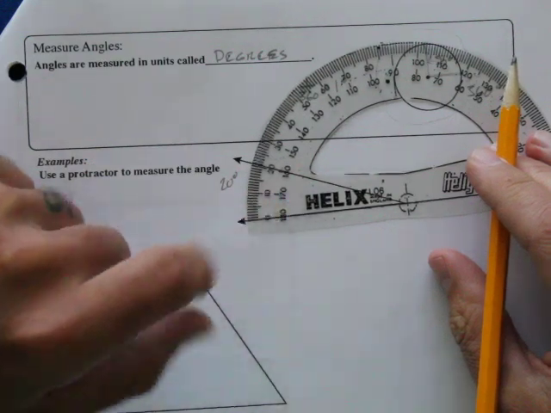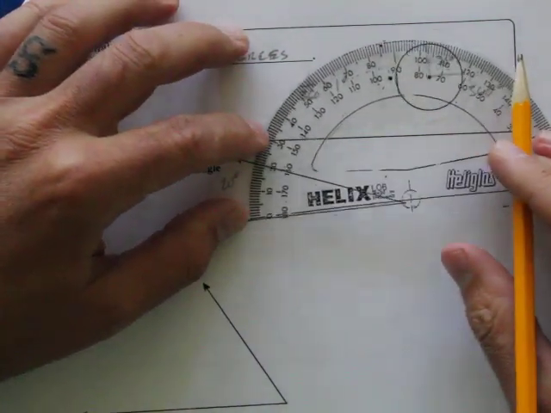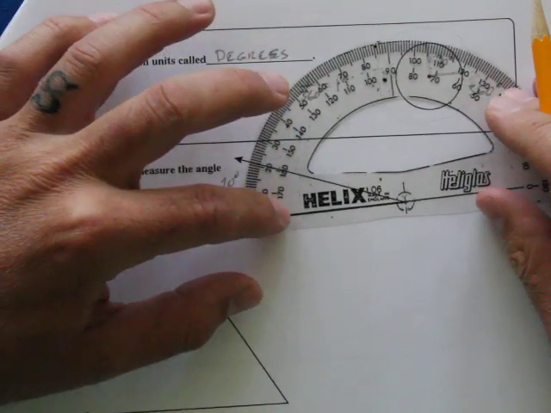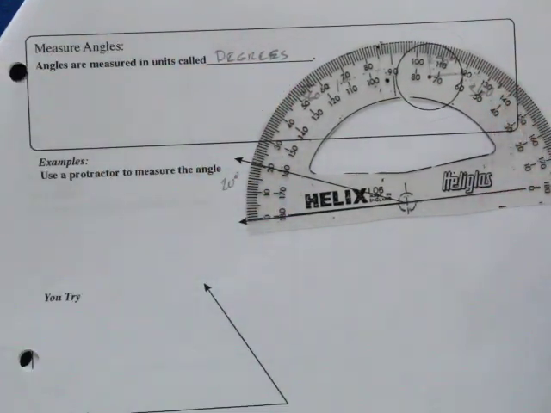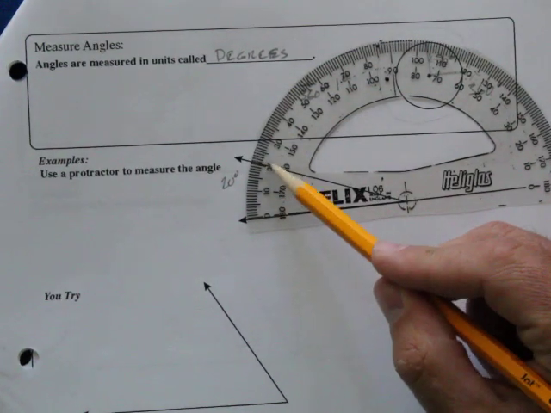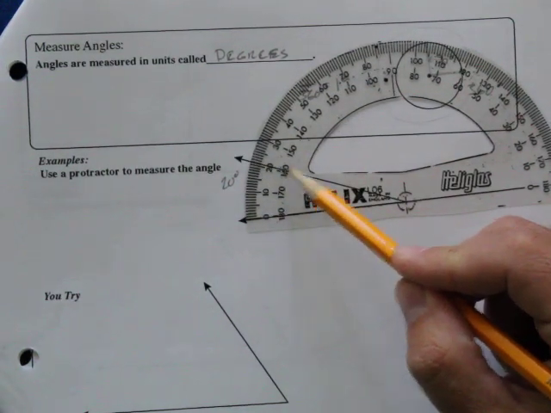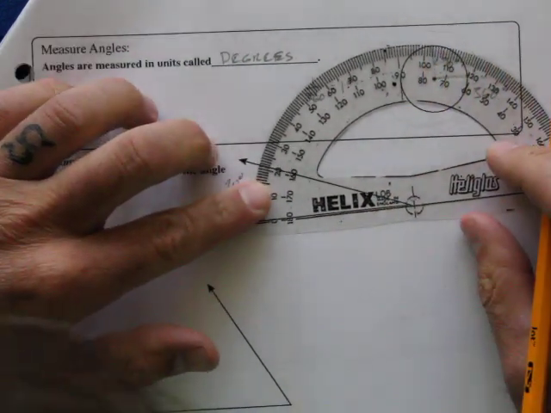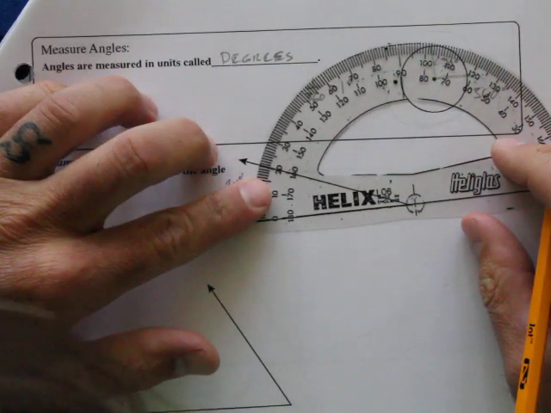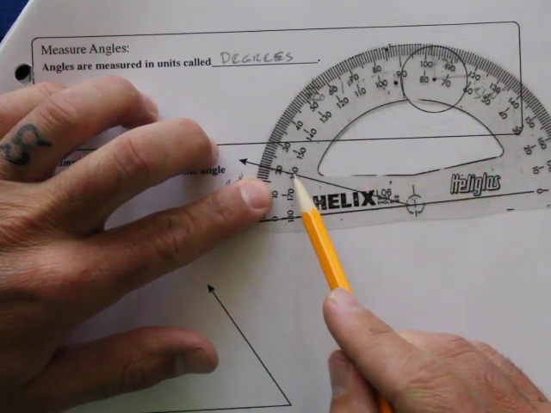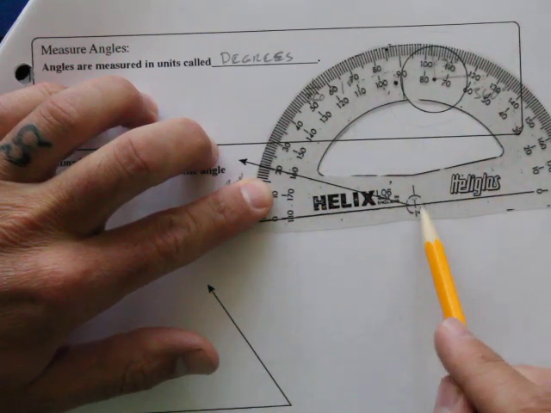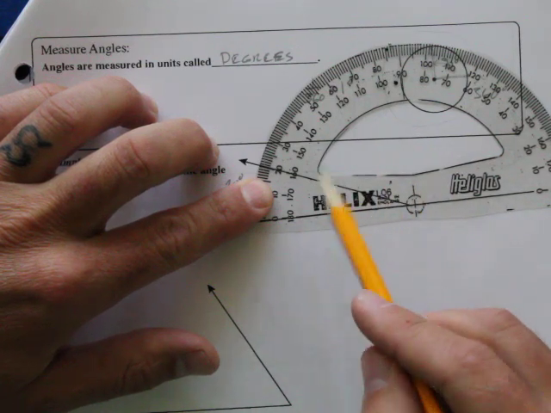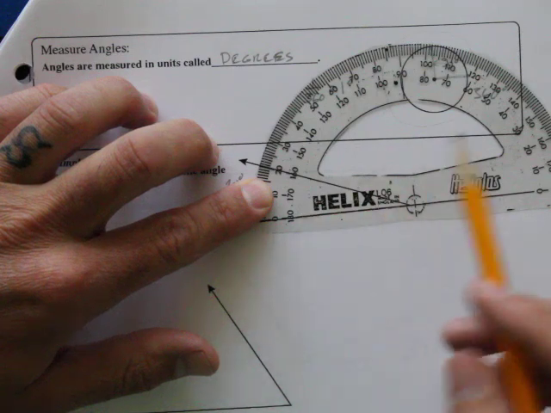Now let's look at this protractor, because I've got two different readings here. I've got this 20 here, and I've got this 160 here. What this 160 is telling me is that this angle from here all the way back to this side again is 160 degrees, and this is 20 degrees.